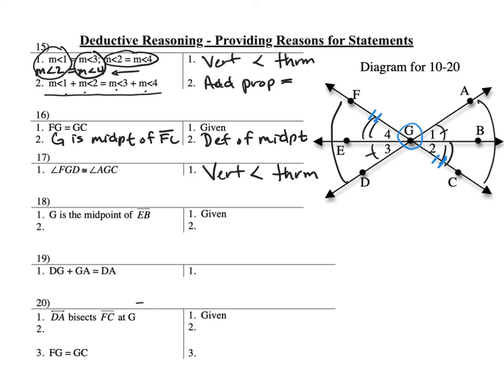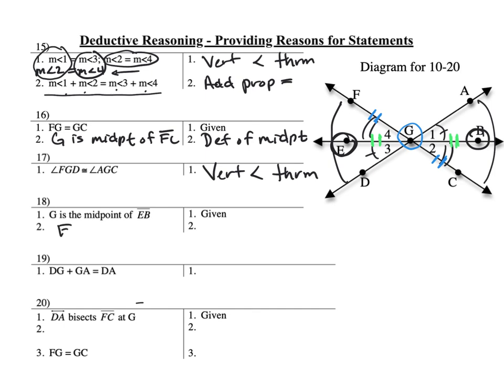Number 18, G is the midpoint of EB. So EB, that would be this and this. If G is the midpoint of EB, then we know that this segment is congruent to this segment. That would be EG is congruent to or equal to GB.